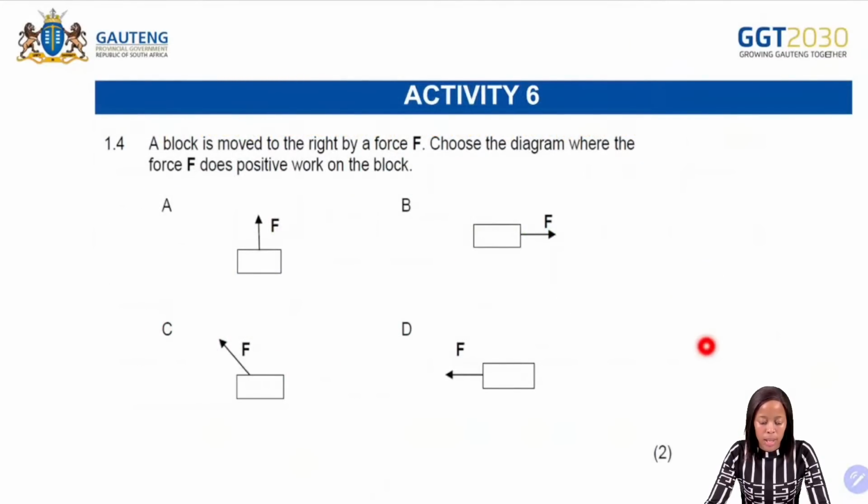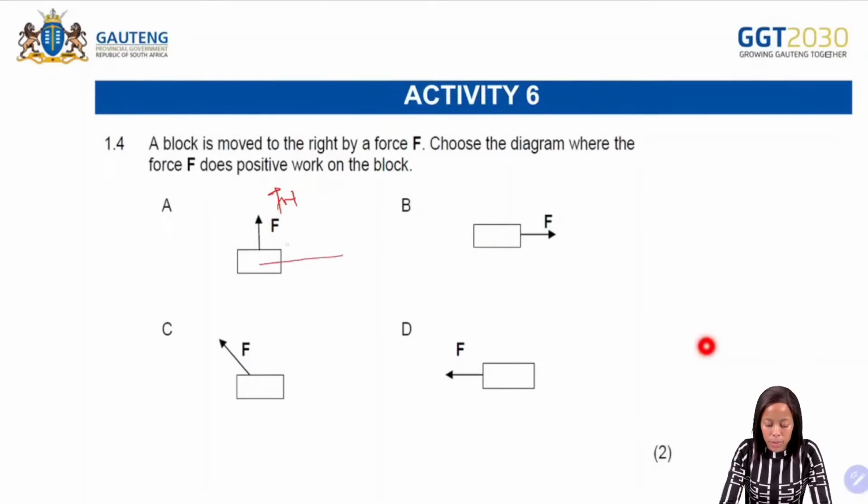Okay. Then the next one says a block is moved to the right by a force F. Choose the diagram where the force F does positive work on the block. Okay, so we spoke about this one. This one, as an example, can be representing the normal force. So we know that if that is the normal force and the object is moving to the right-hand side, therefore the angle between the two will be 90 degrees.